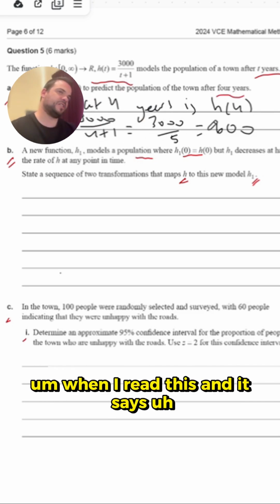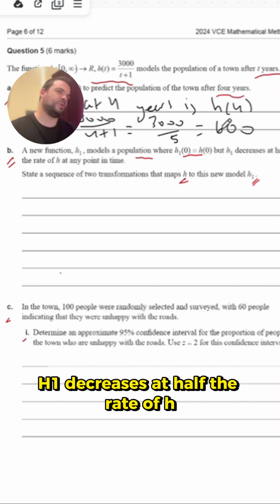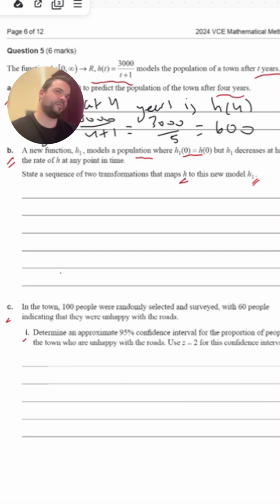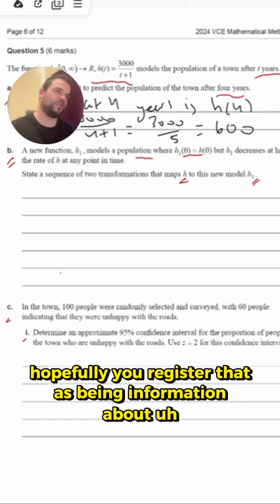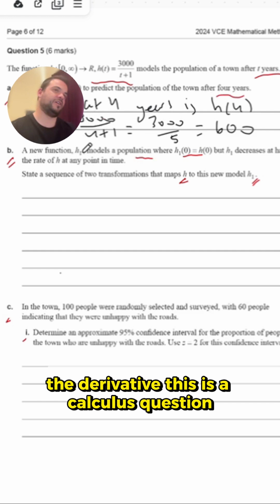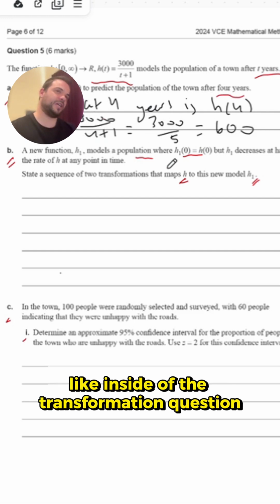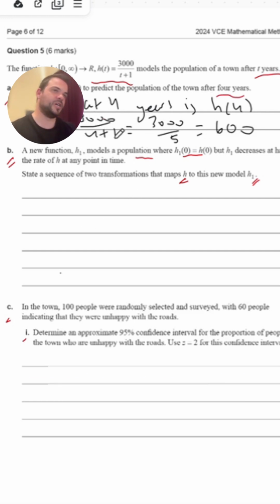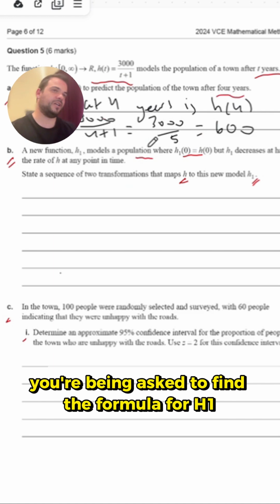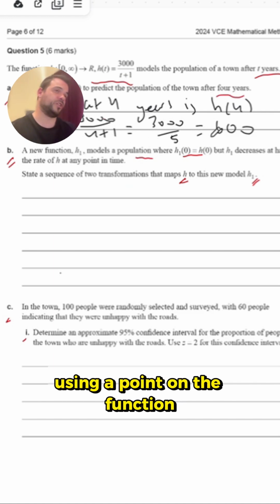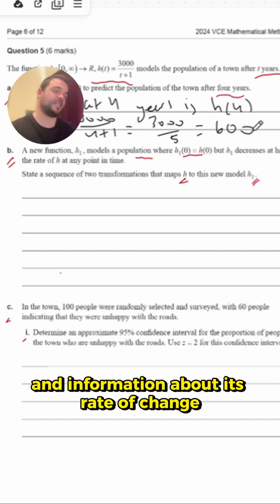When I read this and it says h1 decreases at half the rate of h, hopefully you register that as being information about the derivative. This is a calculus question, like inside of the transformation question. You're being asked to find the formula for h1 using a point on the function and information about its rate of change.